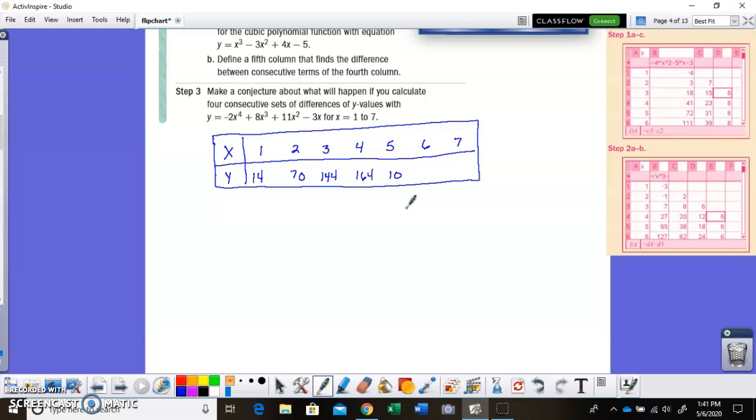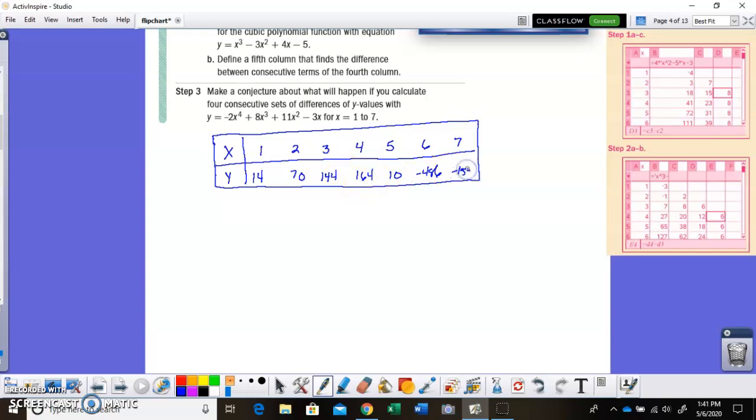I'm curious to see what happens when 6 is substituted in. I'm getting a negative number now, -486. But now let's substitute in 7. And I'm getting a really negative number, -1540.